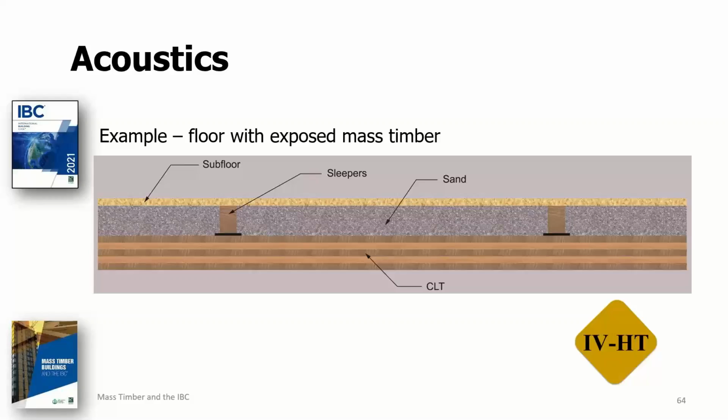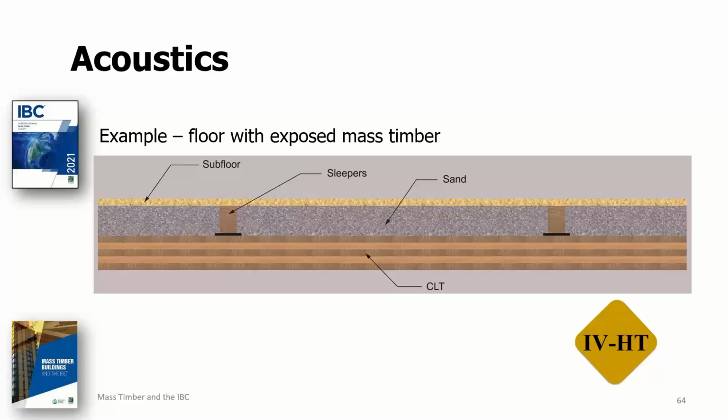For comparison, a typical 6-inch thick concrete slab weighs approximately 80 pounds per square foot and has an STC rating of about 53, but a 7-inch thick CLT panel weighs about 18 pounds per square foot and would have an STC rating in the low 40s. That's if it's bare. Again, I'm talking bare panels here.